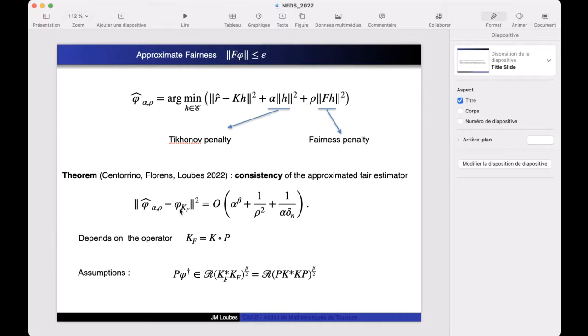So you see that if rho goes to infinity, if this is large, then you recover the Tikhonov rate of consistence. So here you have a way to construct the fair regression in this context.